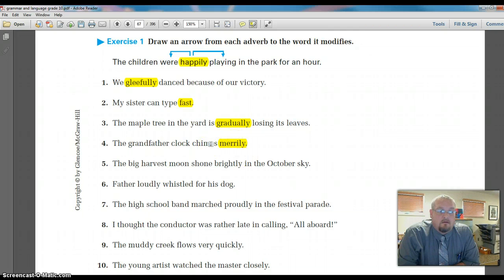Merrily. What does merrily modify? The verb chimes. Number 5. The big harvest moon shone brightly in the October sky. Brightly would be your adverb, modifies the verb shone.